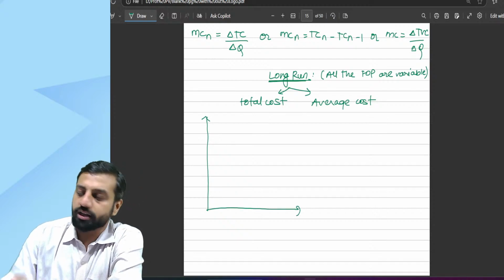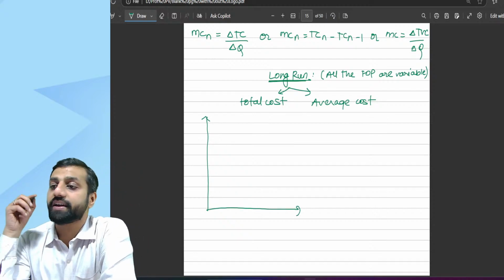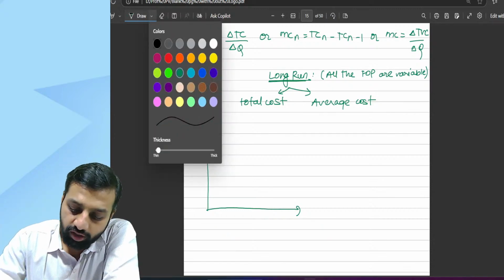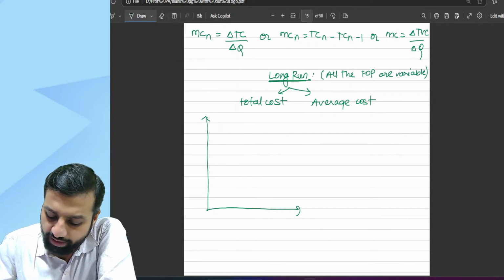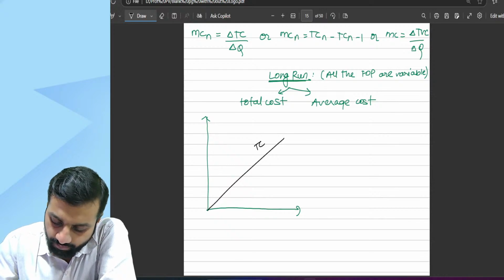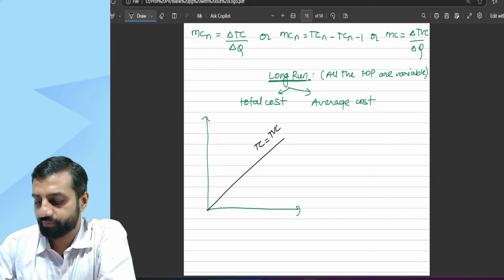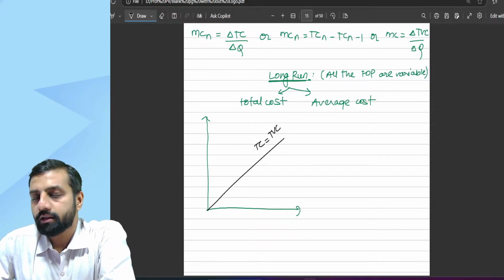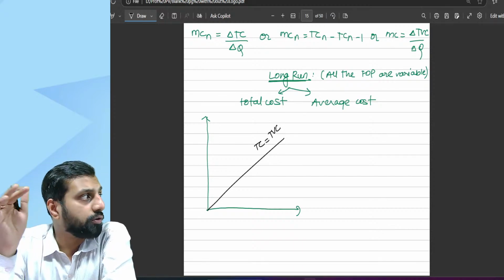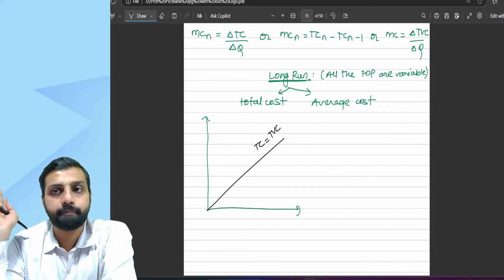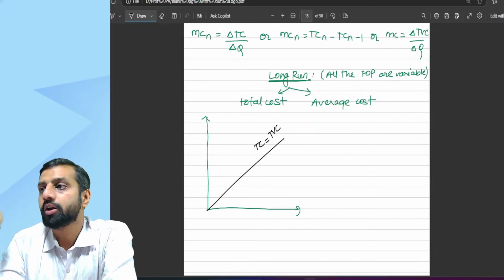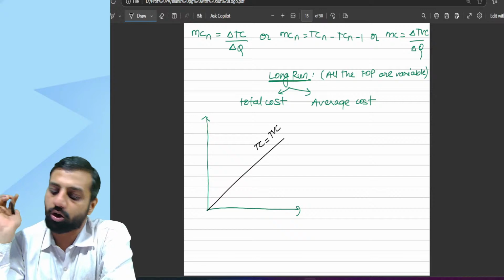Since in the long run all the factors of production are variable, all the costs are also variable. So TC is equal to TVC, because there are no fixed factors. All the costs are variable in the long run.